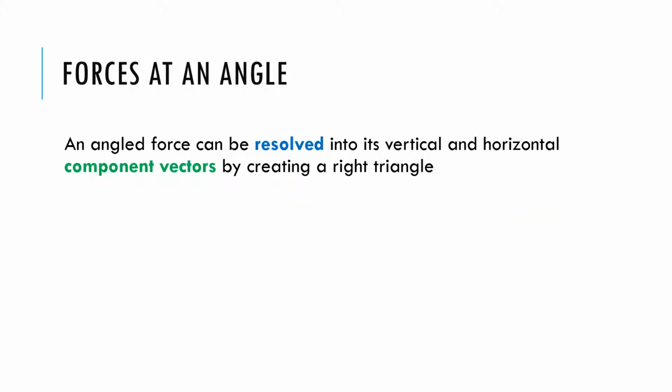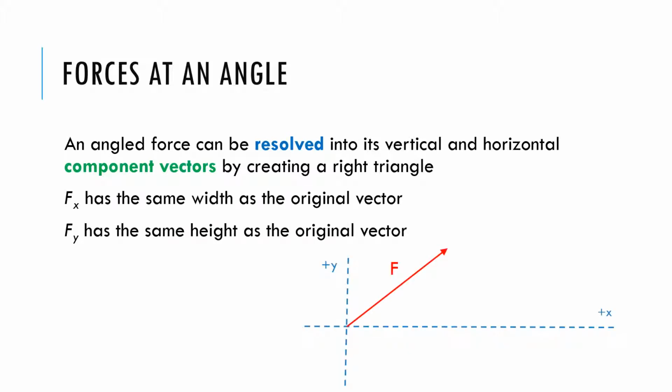What we have to do is resolve a force into component vectors. The idea will look like this. If I have a force F, again, this is one that's up and to the right, but it could be in any angle, I can break it into two components, the two pieces that make it up.